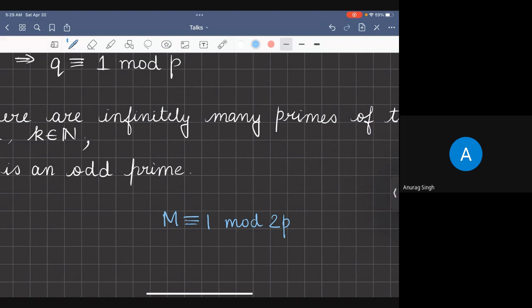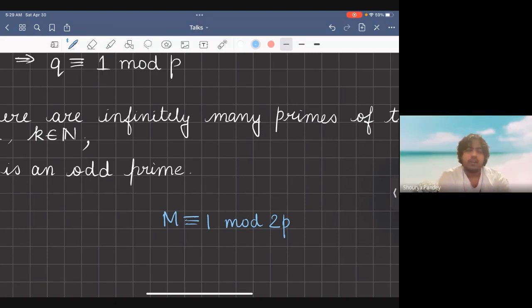So this is congruent to 2 to the power of some large factor of phi of p. What does that mean? I don't get it.